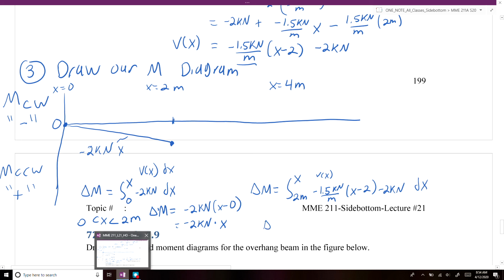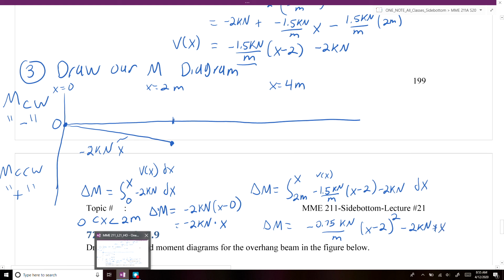delta m is going to be equal to minus 1.5 kilonewtons per meter times x minus 2, there's an x minus 2 squared I should say, and then, sorry, this should be minus 0.75 kilonewtons, and then minus 2 kilonewtons times x.